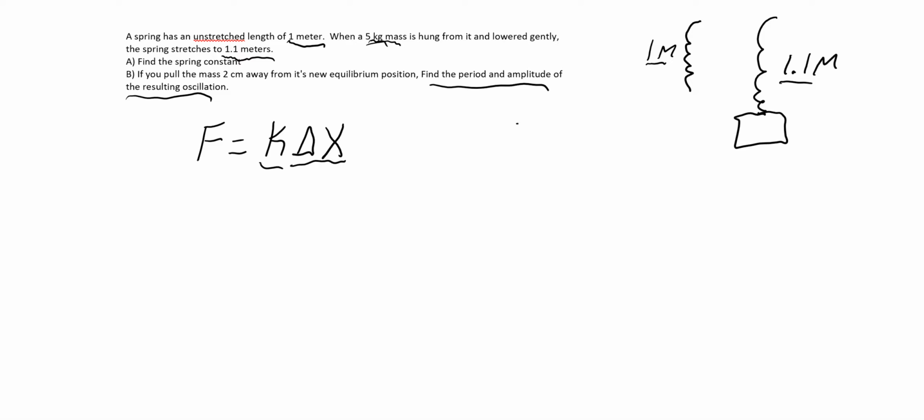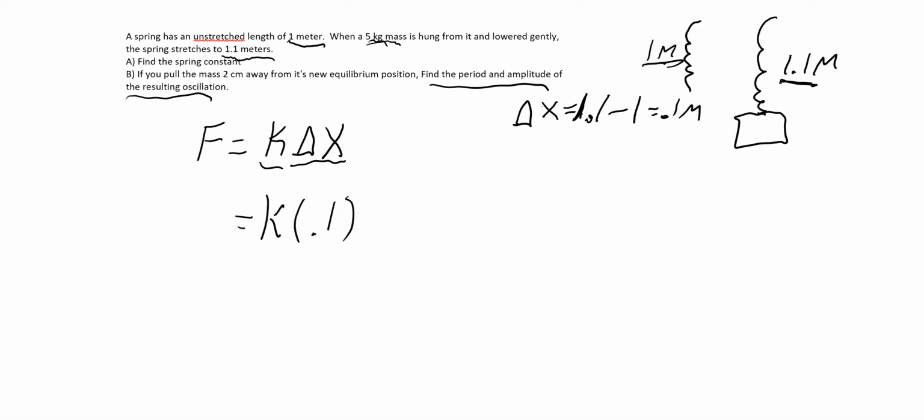So at the very least, we know delta x equals 1.1 minus 1, right? Because final, initial. So this is 0.1 meters. Okay, so I can put on this side k times 0.1.